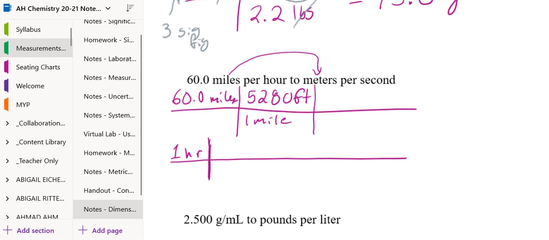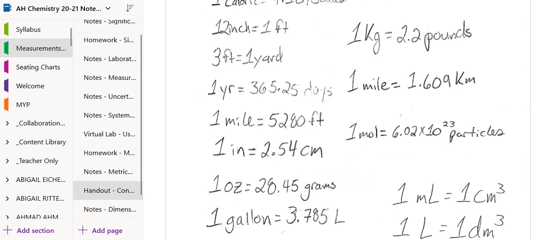And then I'm going to go feet to inches. This may not be how you did it. I'm just going with conversion factors that I'm pretty sure I have memorized. 1 foot is 12 inches. And then I'm going to go inches to centimeters. I need to look at that one. 1 inch is 2.54 centimeters.